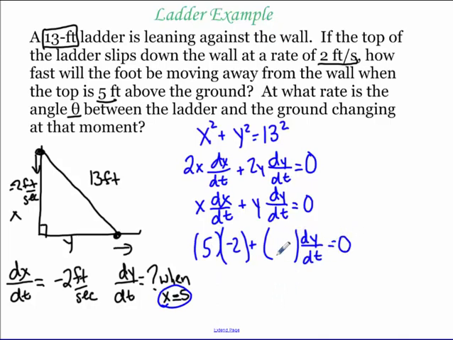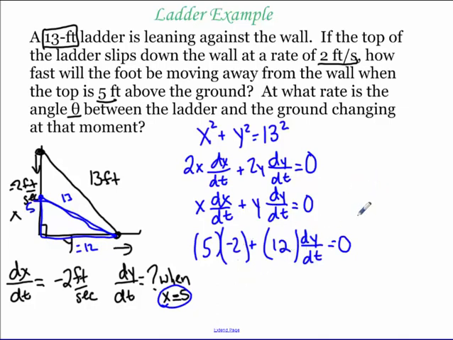Okay, how do I find y? Well, at that instant, when x is equal to 5, our hypotenuse is 13, we have a right triangle, and conveniently it's a Pythagorean triple, so y is going to equal 12. Or you could use your Pythagorean theorem to solve.